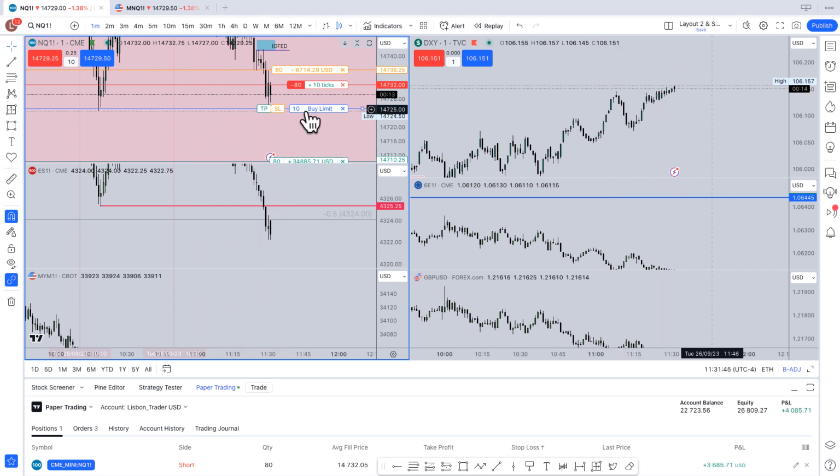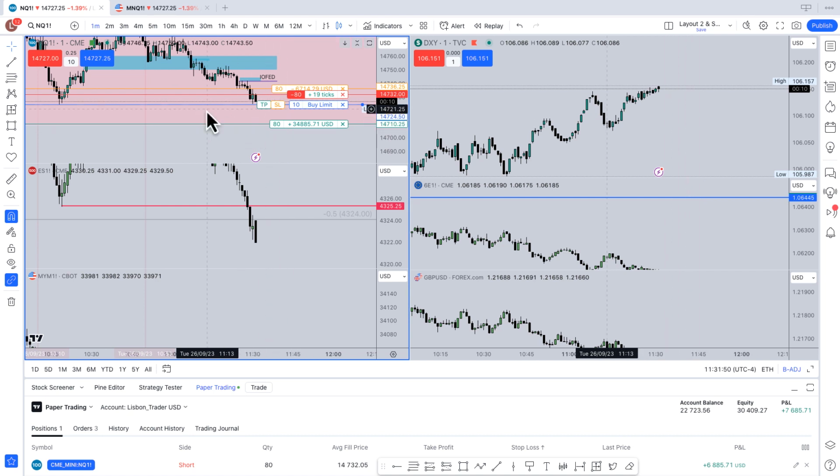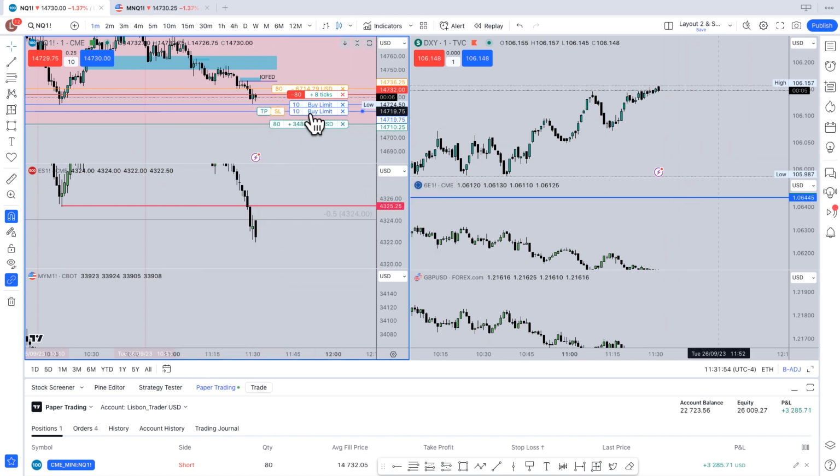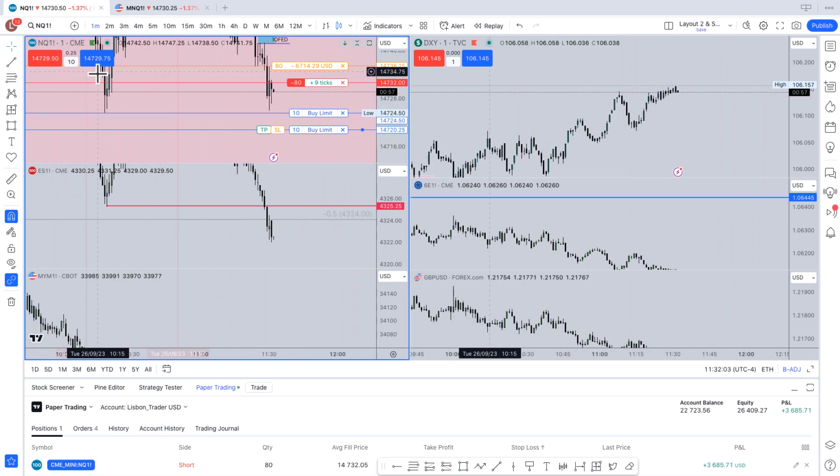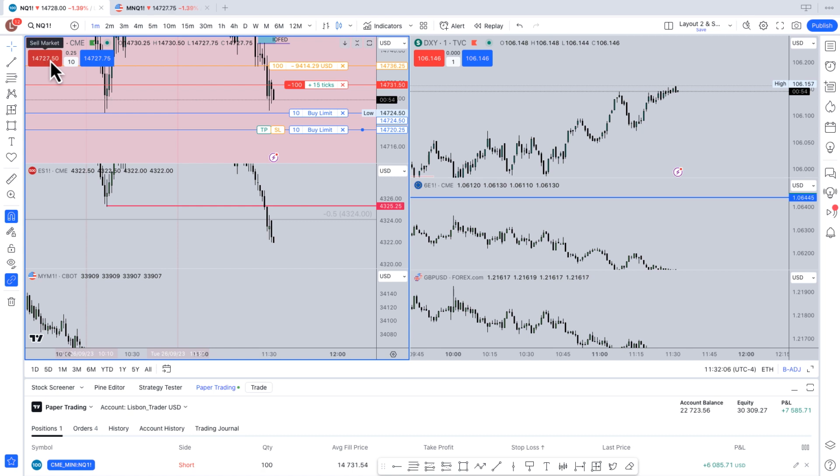There, let's bag that. And a little bit. So 25, 20 handles there. Let's put a risk on the 100 lots. 7k profit.